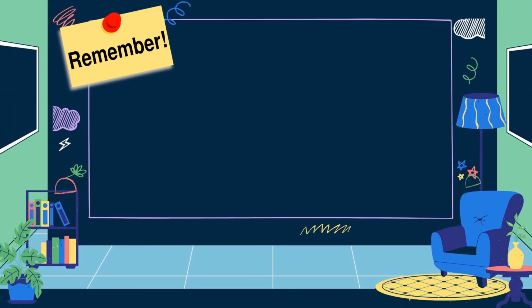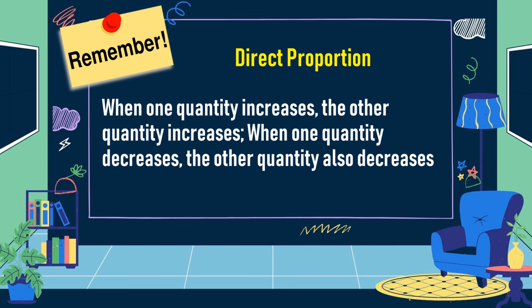Now, remember, direct proportion: when one quantity increases, the other quantity increases. When one quantity decreases, the other quantity also decreases.